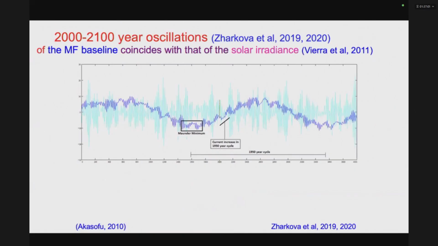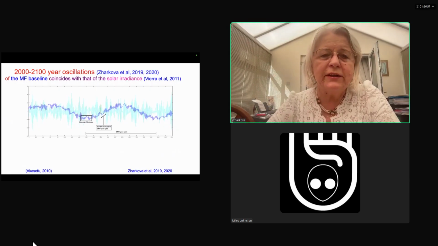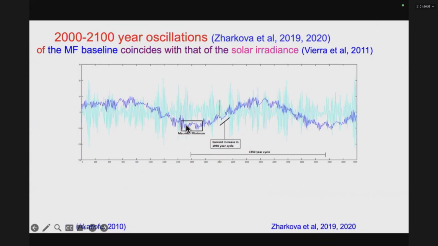So we thought, okay, if we have this, where are we now? So we put in here, the blue is this oscillation of the baseline, or the zero line. And it turned out the minimum was during the minimum, and this black line shows where we are now.